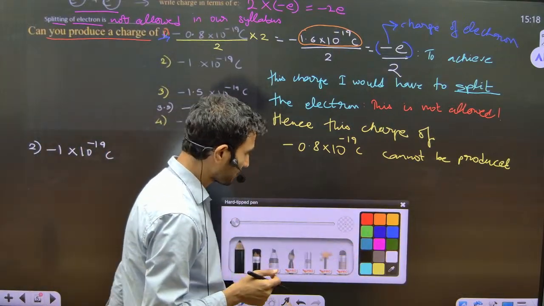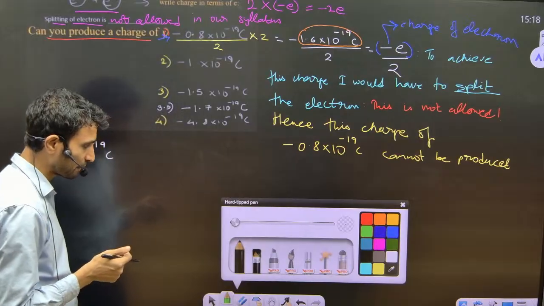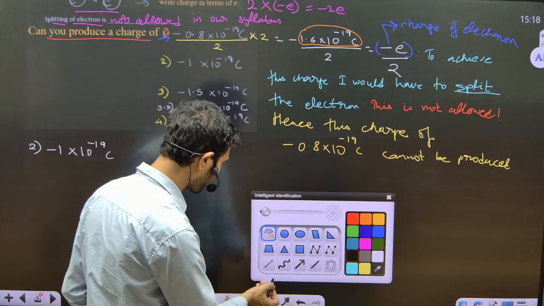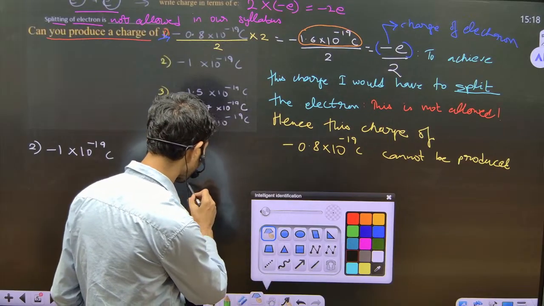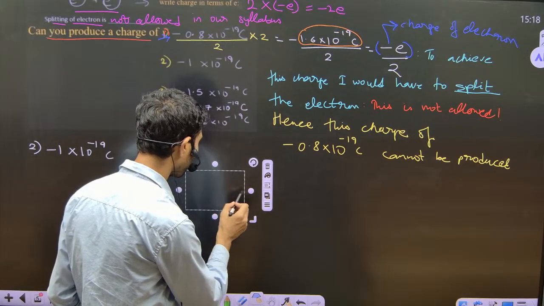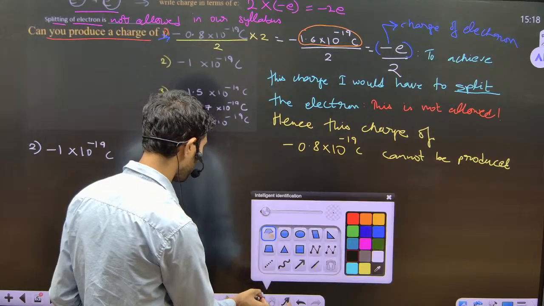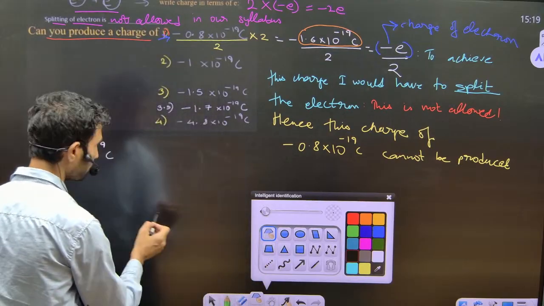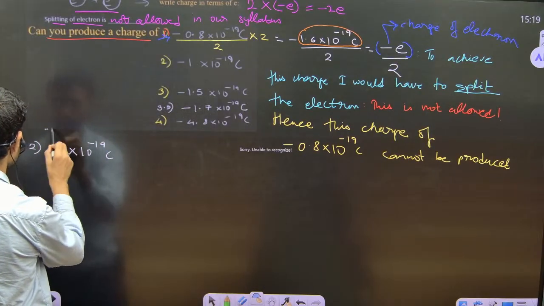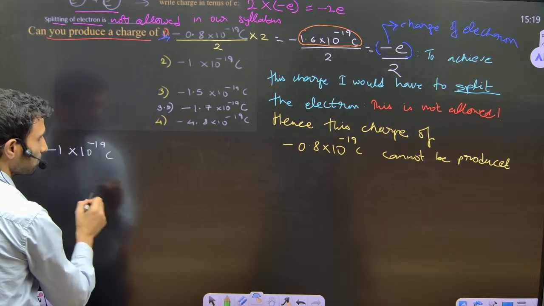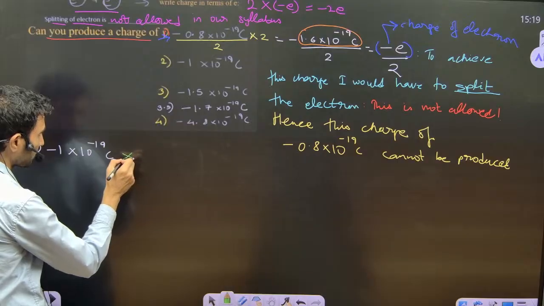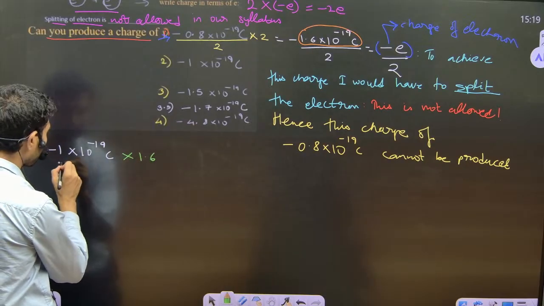To check that, since I don't know whether it can be produced or not, I'll multiply it with 1.6 and I'll divide it by 1.6.